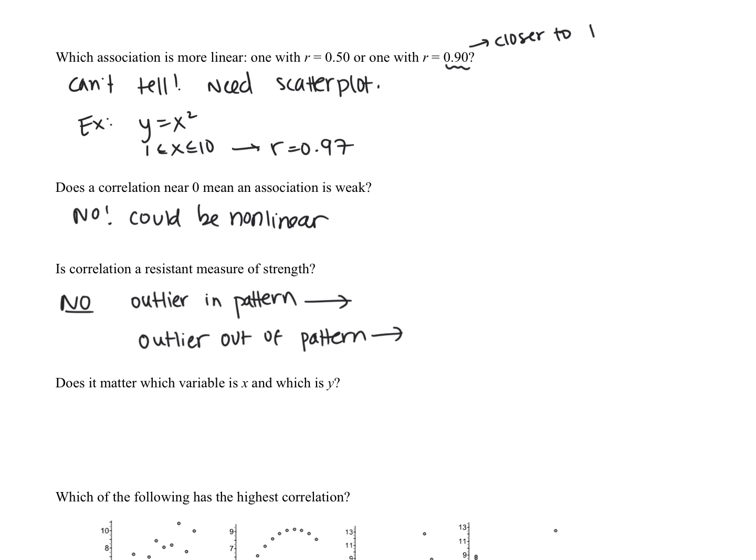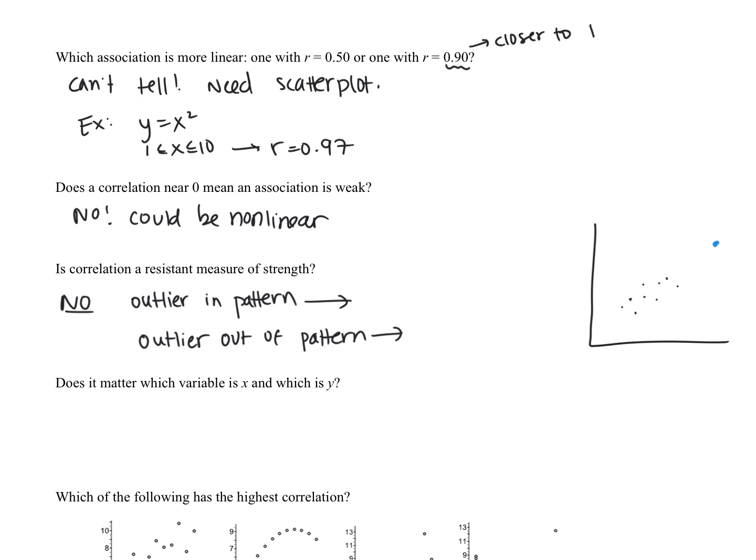Okay, so for example, let's say that this is our data set. We can see it looks like it's moderately linear. Okay, an outlier in the pattern might be out here. So this still follows the pattern, but the x value is very far away from the remaining points. Do you think that this point will make our strength higher or lower?